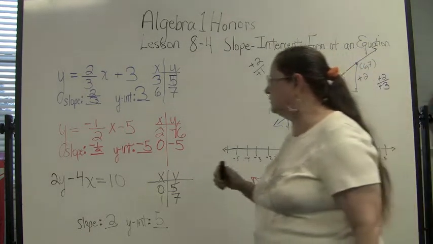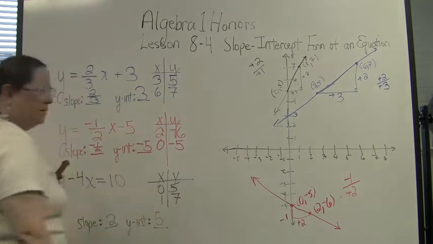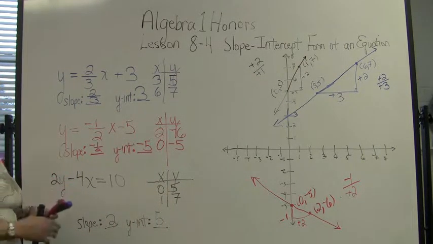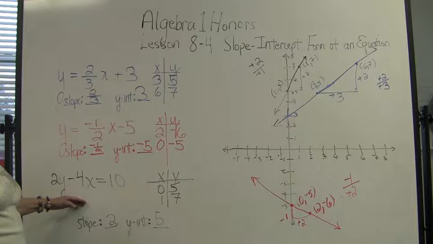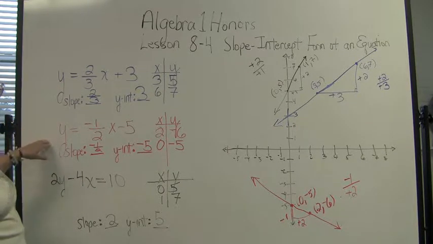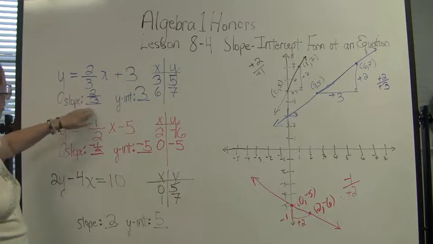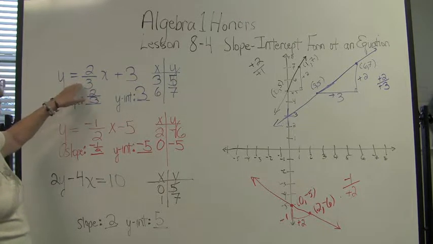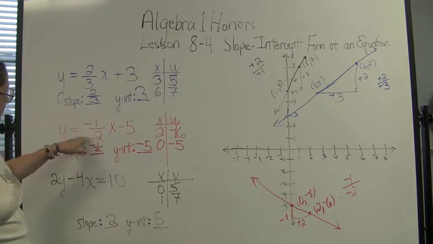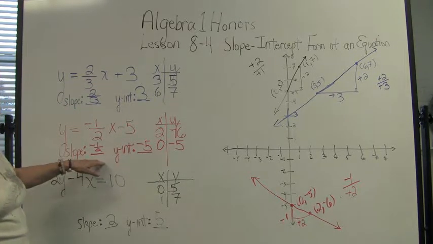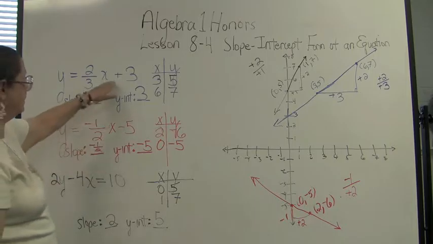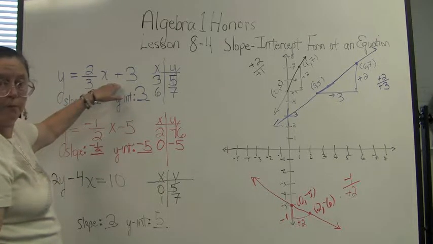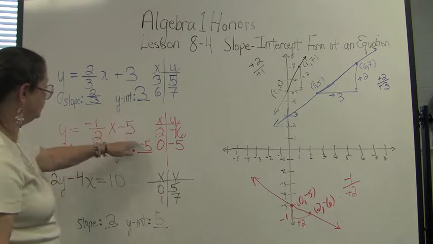Now, you look back over here and say, oh, well, I had a really nice pattern going until I hit the black line. Right? For the blue line and the red line, the slope was very simply the coefficient, the number in front of the x. 2/3 here, -1/2 here, and the y-intercept was that last constant, that last number, plus 3, -5.